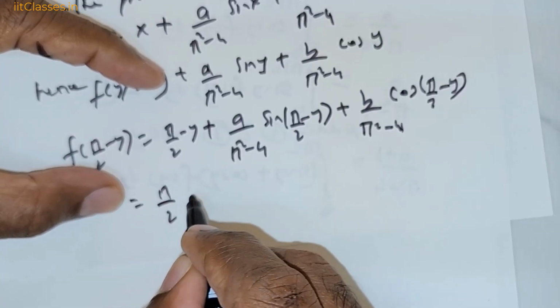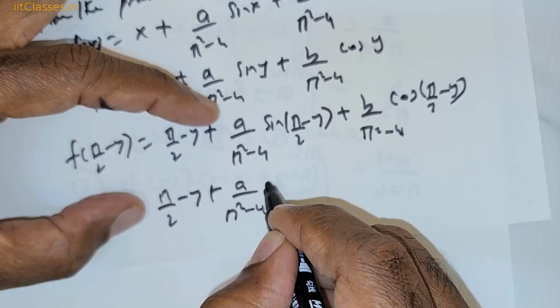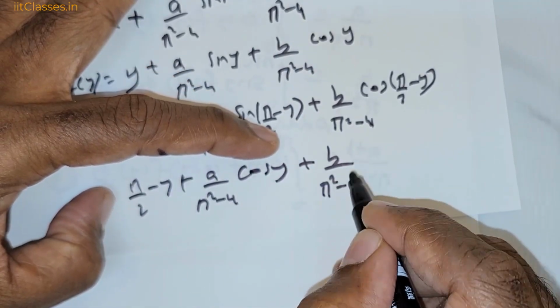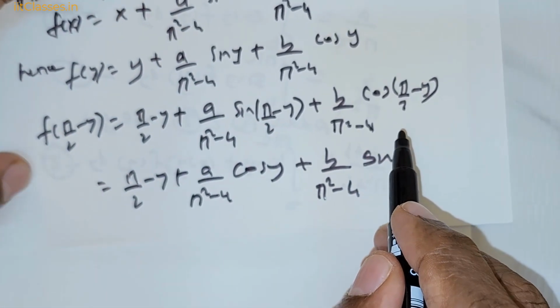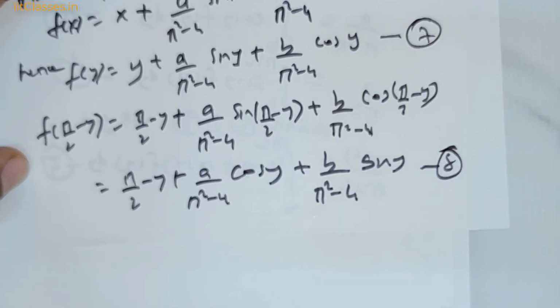So this is going to be pi over 2 minus y plus a over pi squared minus 4 cos y plus b over pi squared minus 4 sine y. I will take this as 7 and this as 8.